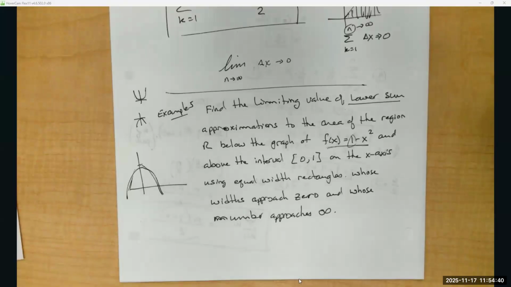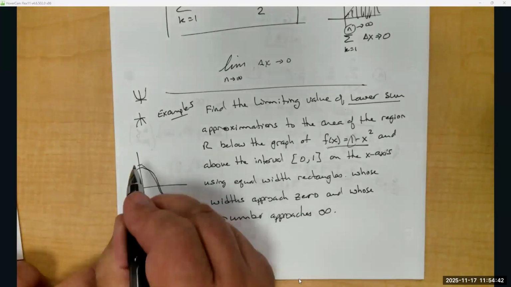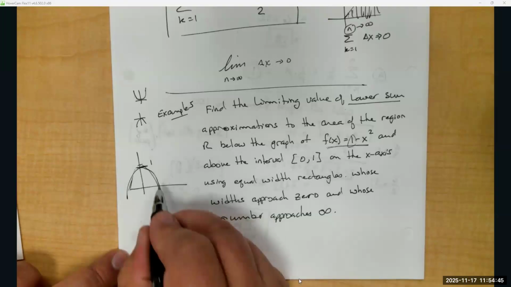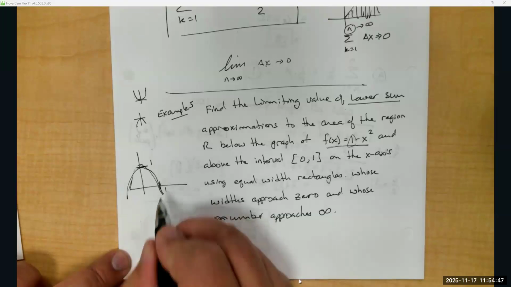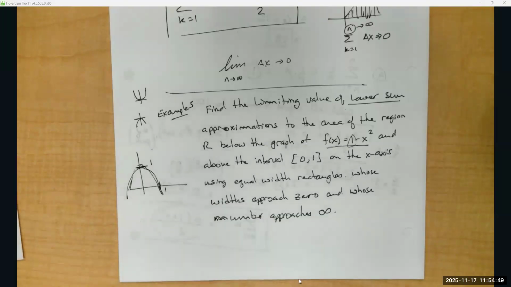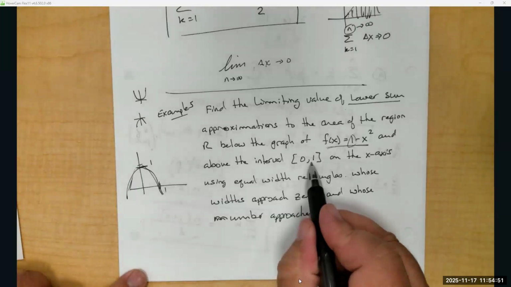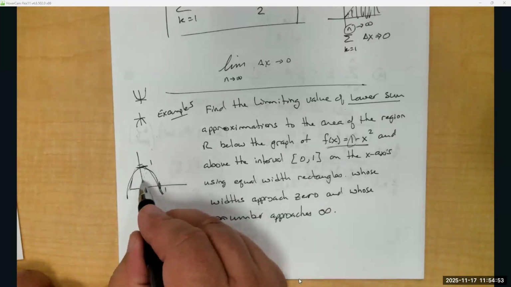So it looks like this. It goes to 1 up here, and it goes to 1 down here. We only want it on the first quadrant, so we're only looking for this area here.